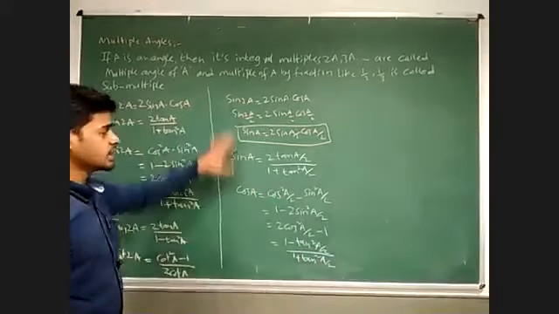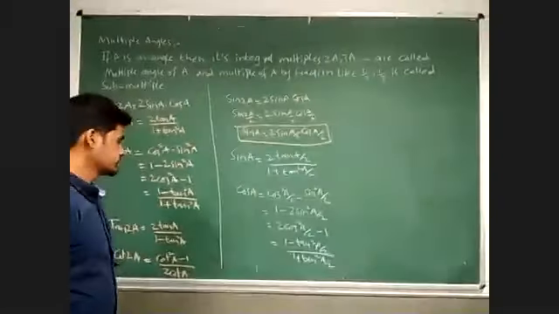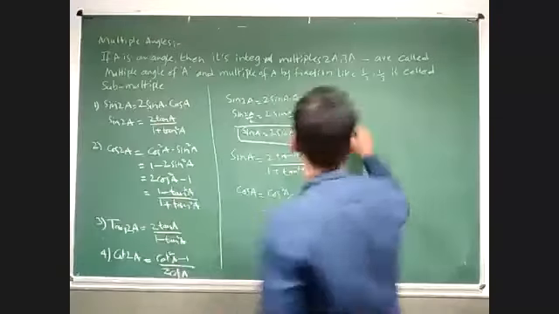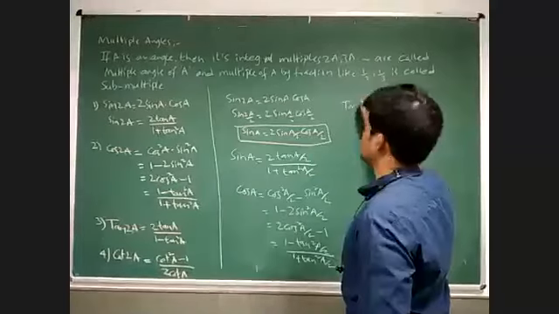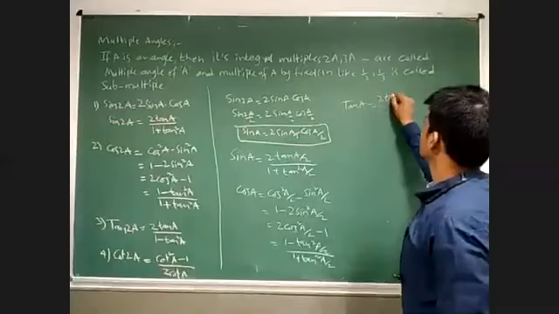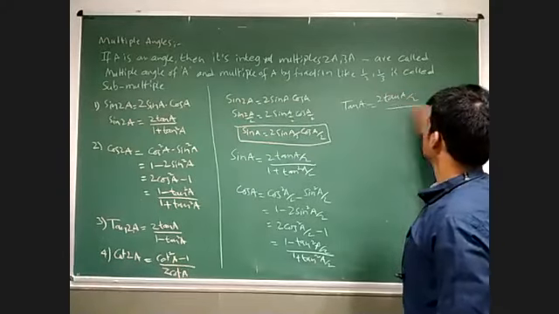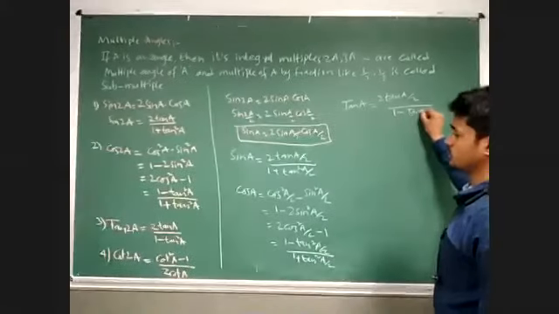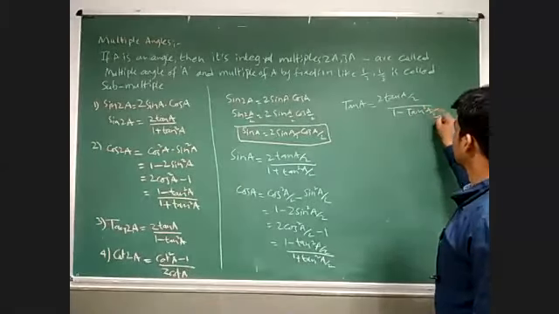These all are the sub multiple angle formulas. Similarly tan A is nothing but 2 tan A by 2 over 1 minus tan square A by 2.